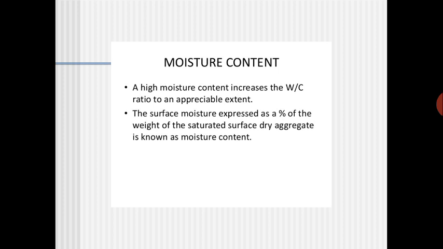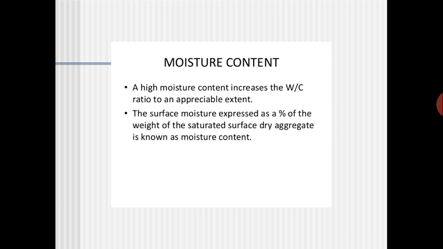The surface moisture expressed as the percentage of weight of the saturated surface by the dry aggregate is known as the moisture content. So this is how we can define it. You take the aggregate, you weigh it, then after drying, take the weight.